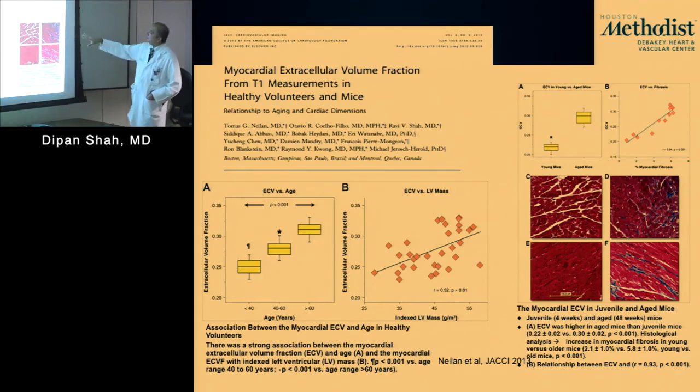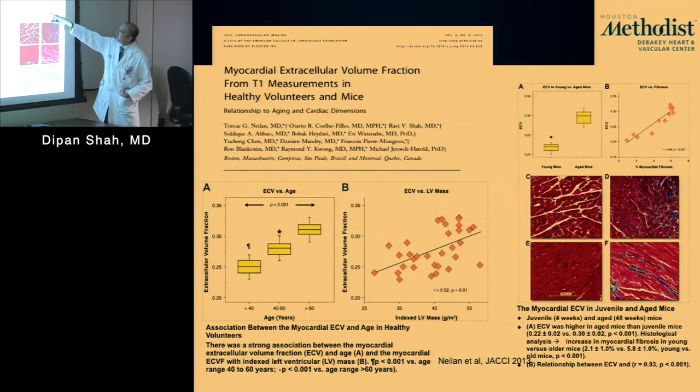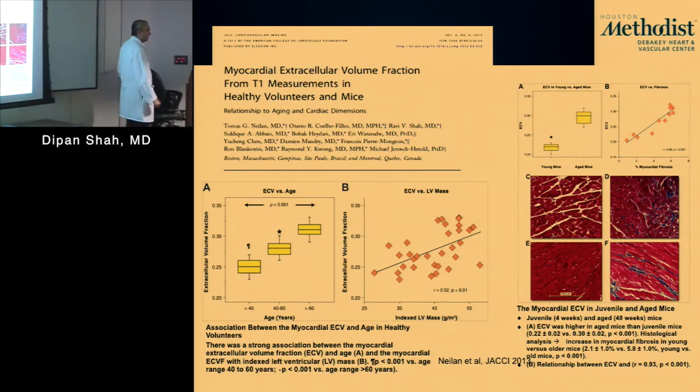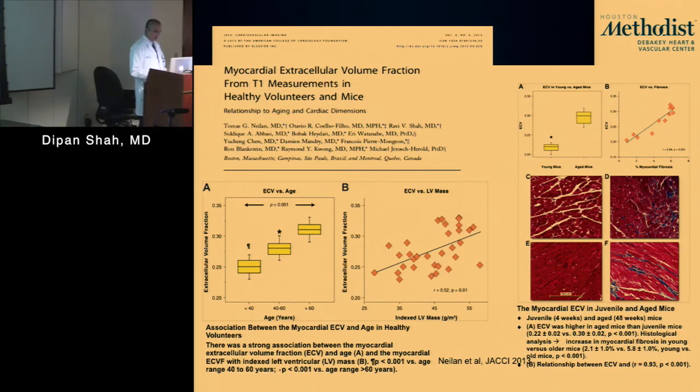Then when they looked at mice, juvenile mice as well as aged mice, they found again that there seemed to be a relationship in this small study between the percent myocardial fibrosis by histology and the extracellular volume fraction by CMR using this technique.